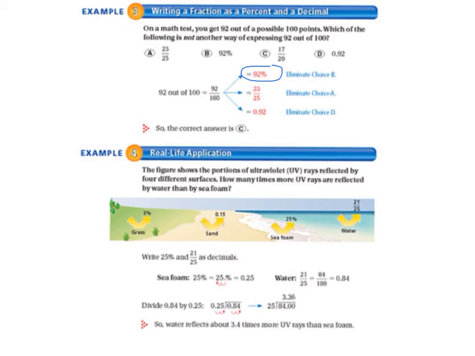So that's a good answer. And 92 one-hundredths, that's expressed as a decimal. So these are all acceptable answers.